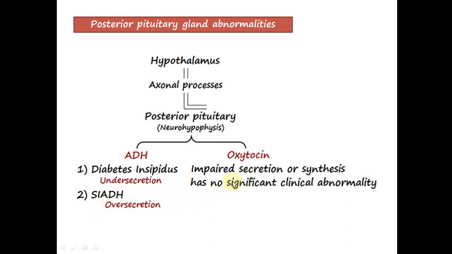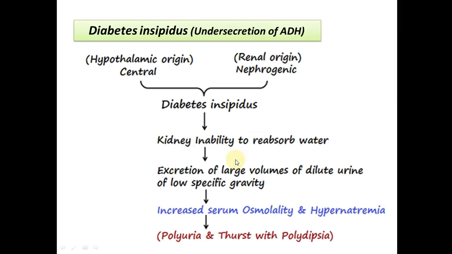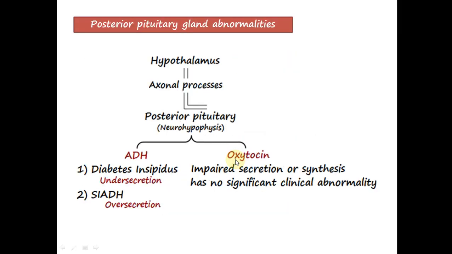As I mentioned, the second hormone from the posterior pituitary gland is the oxytocin, and it has mainly its actions in pregnancy on the pregnant uterus and on the mammary glands or breasts in lactating mother.